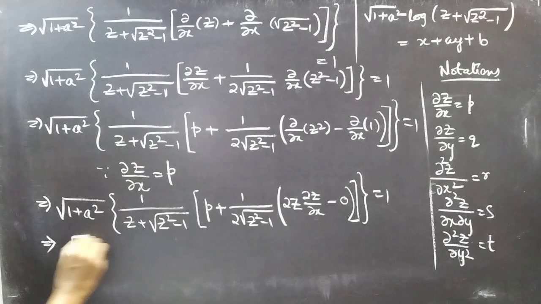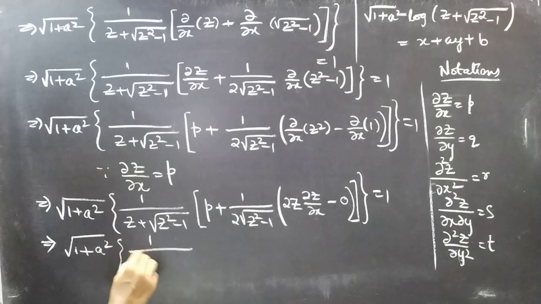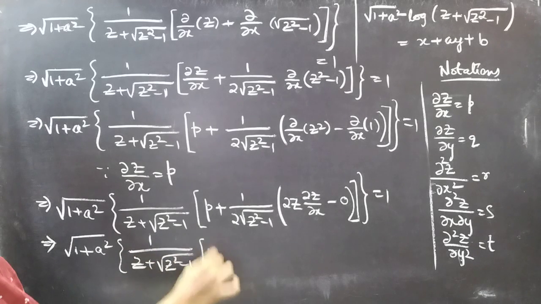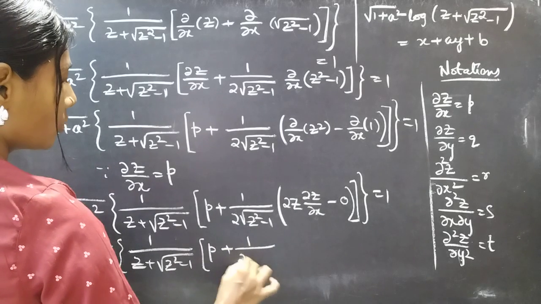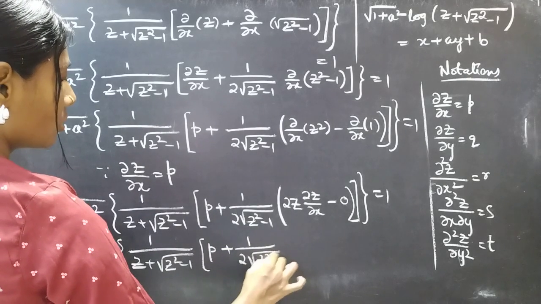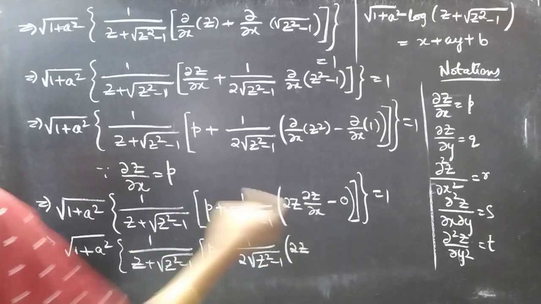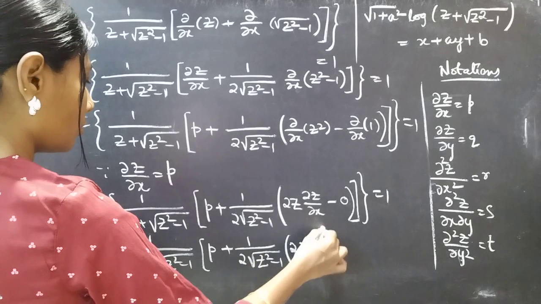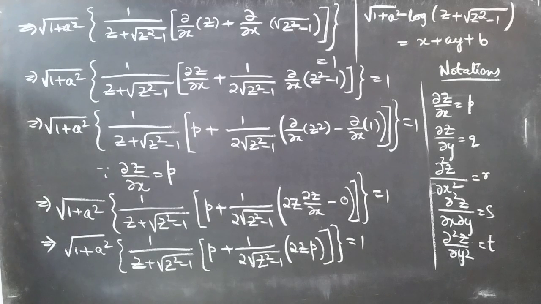This gives us square root of 1 plus a square into 1 by z plus square root of z square minus 1 into p plus 1 by 2 into square root of z square minus 1 into 2z, replace dou z by dou x with p, you will get into p, equal to 1.